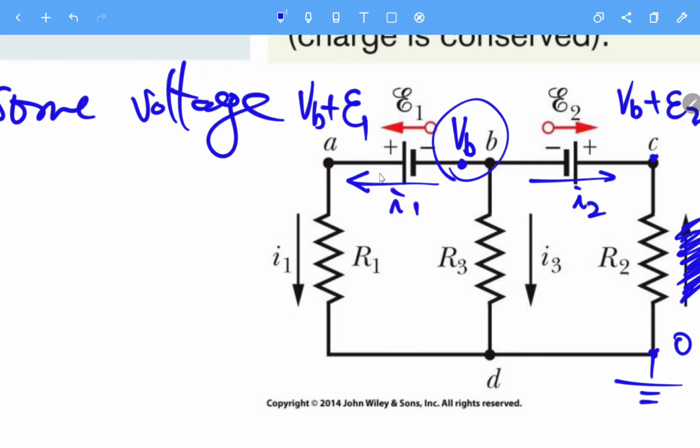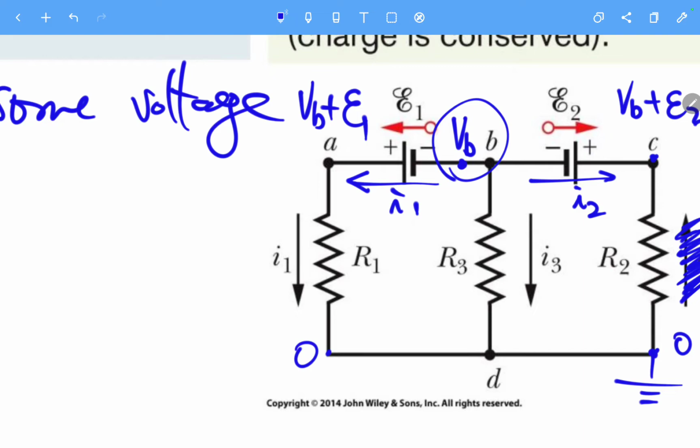So here we have a battery. You don't try to ignore this one, as much as we already know the voltage at this node, and also we know the voltage at this node because this is 0. This is also 0.